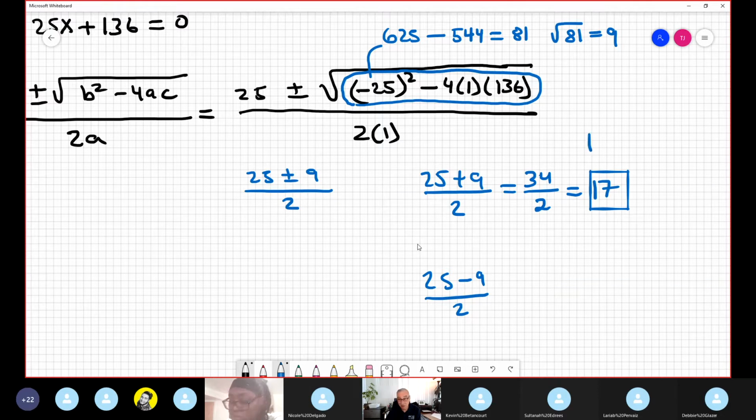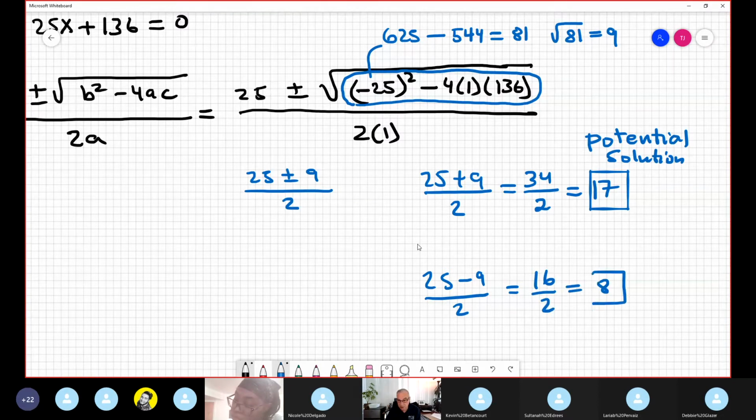I need verification. Potential solution. And my second potential solution: 25 minus 9 is 16, divided by 2 is 8. And this is my second potential solution.